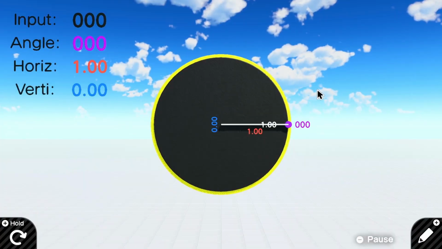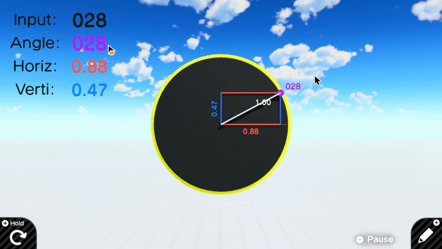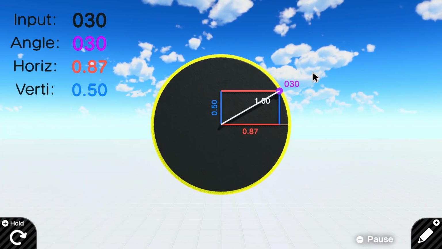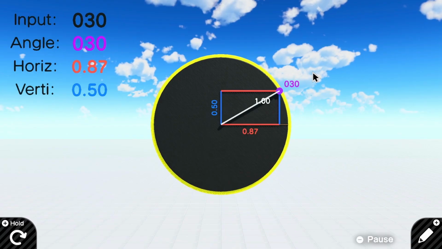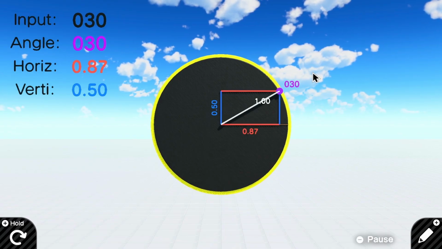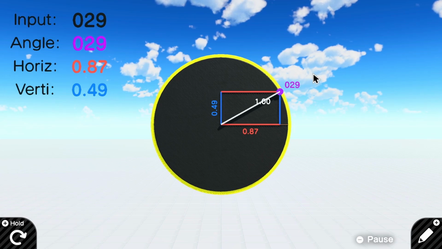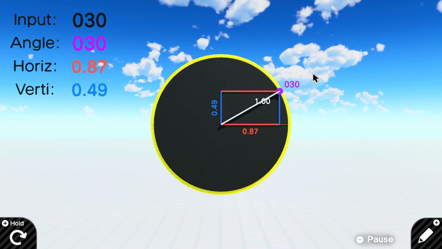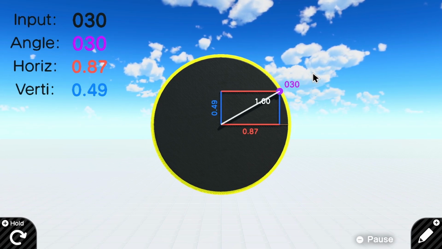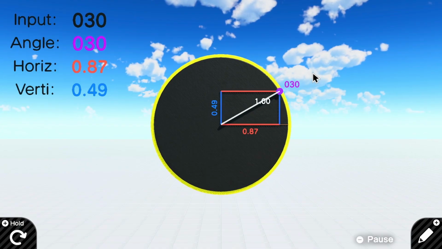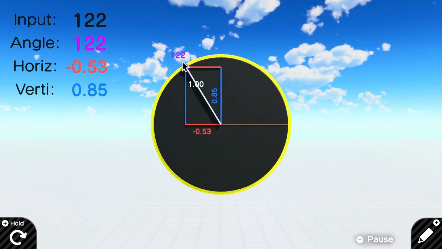So let's take, for example, angle 30. So angle 30 has horizontal output 0.87 and vertical output 0.50. Now let's imagine adding 180 to that. If we add 180 to that, that's basically just rotating halfway across the circle.